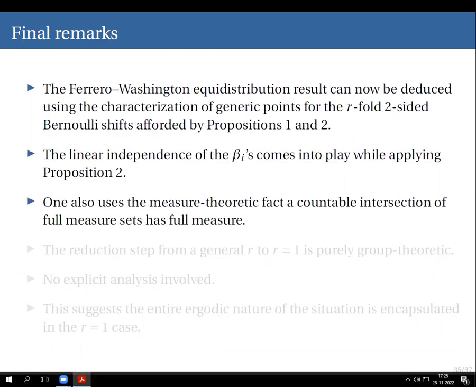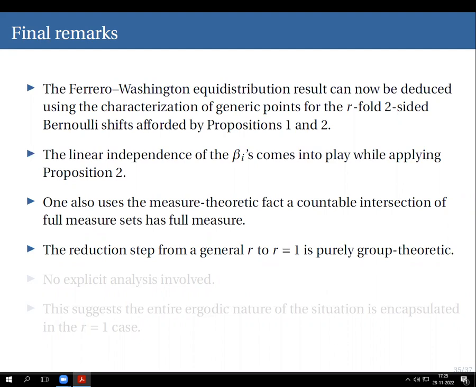And so what happens in proving this full measure is that you have to take this countable intersection of full measure sets, but then a countable intersection of full measure sets also has full measure. So that's useful also again from when you go from this general r to the r equals 1 step. But this reduction step for us was purely group theoretic, and we didn't really use any complicated machinery.